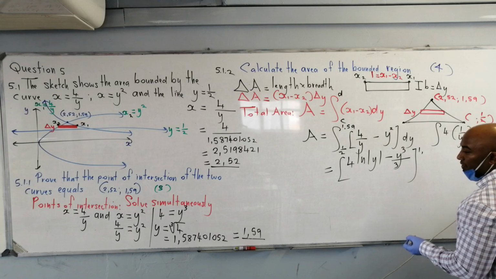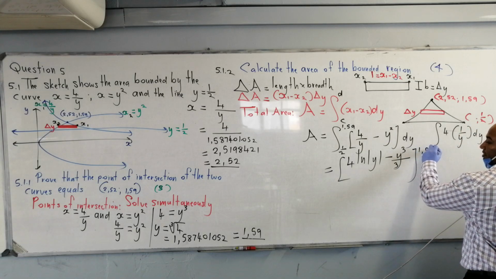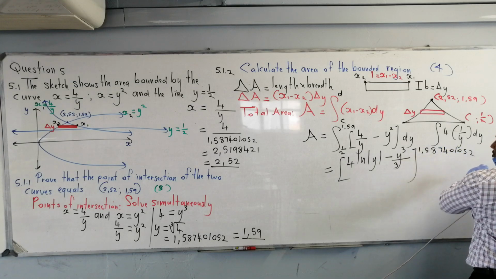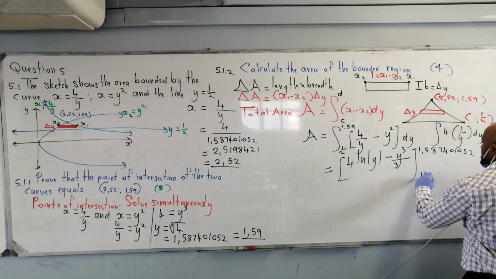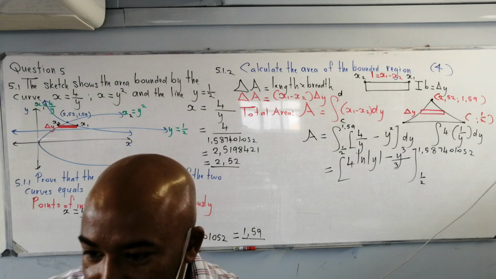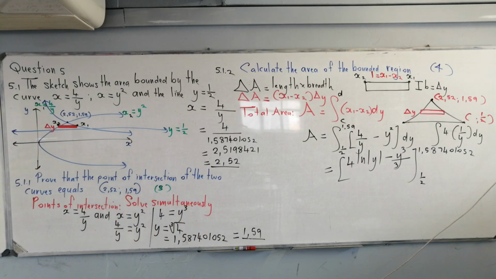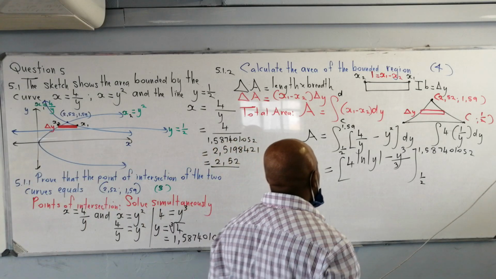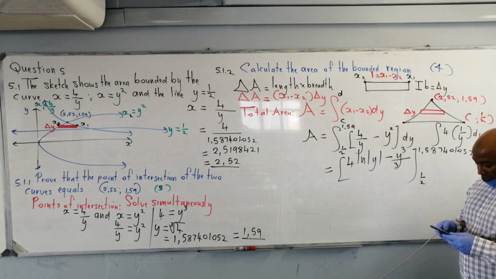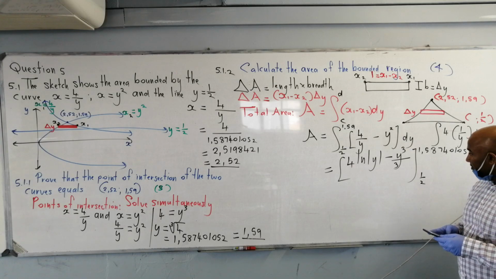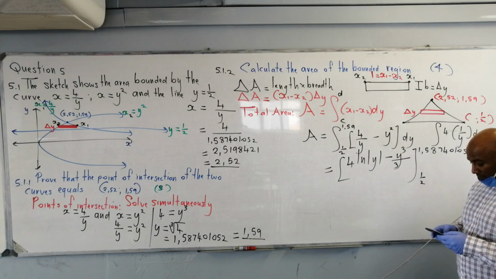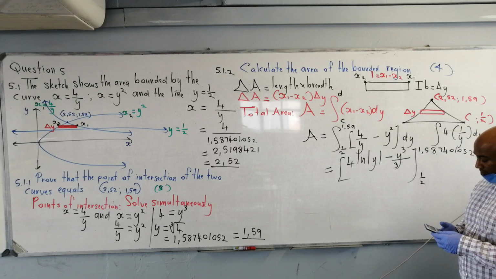I want to use the full value here, which is 1,587,401,052. And the bottom value is just 1/2. Let me use that calculator there. So that's going to be 4 ln of y minus 1/3 y to the power 3.